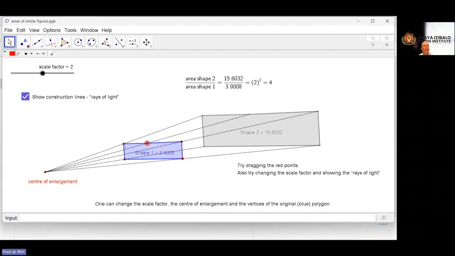The reason it's 4 times bigger is because this rectangle will fit in here twice in that dimension. It will also fit in twice in that dimension. Do you see why it's 4 times bigger? Does it make sense? It always makes sense.